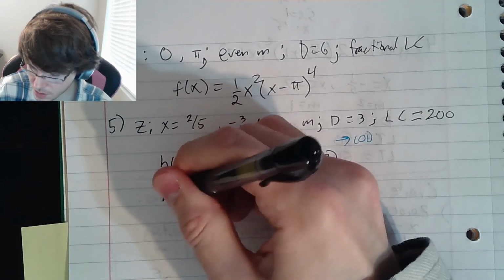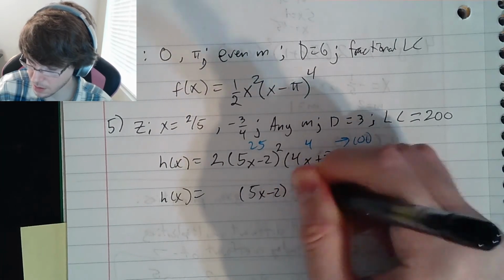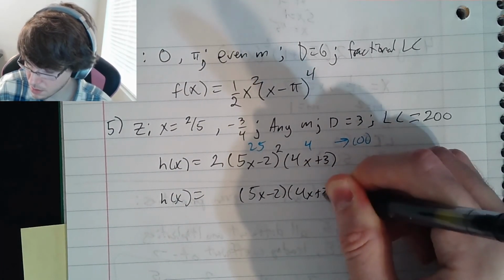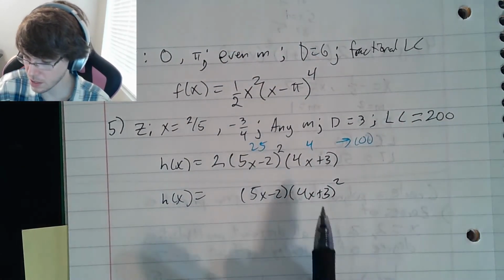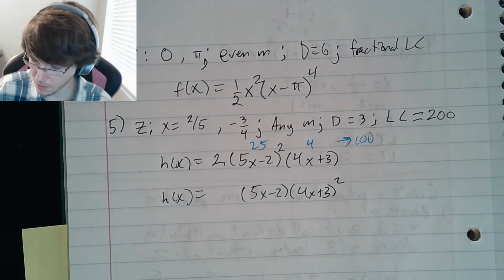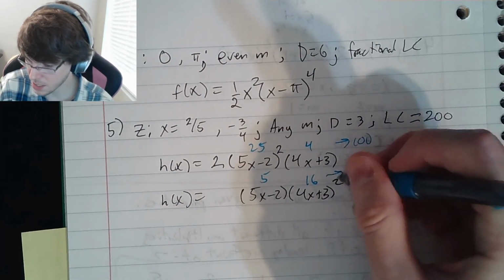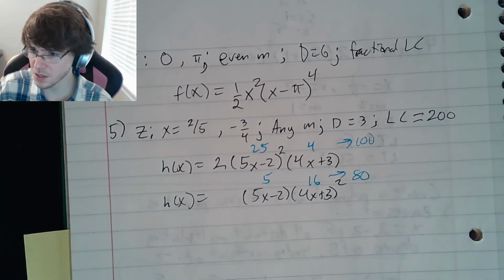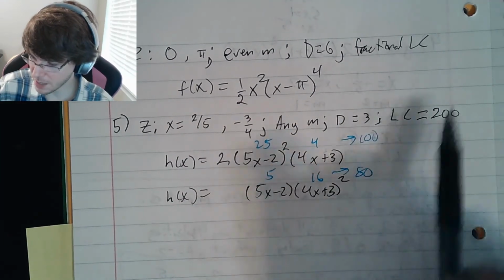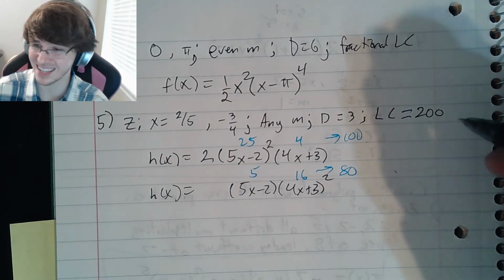Please note, if you were doing this on your own, and you decided to make the other one the 2 here, and again, the reason why we made that a 2 is I wanted the degree to be 3, so 1 plus 2. If we did it that way, well, now this would have a 5, and this would be a 16, and 5 times 16 is 80. So to make it multiply from 80 up to 200, you actually have to solve a little bit of an equation, because nothing really multiplies nice and neat up to 200.